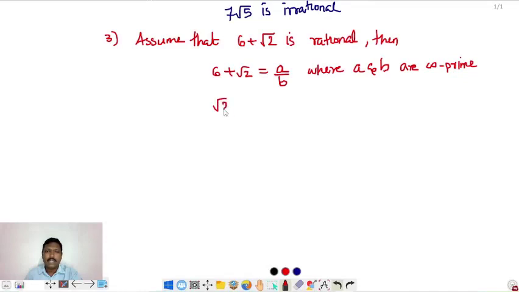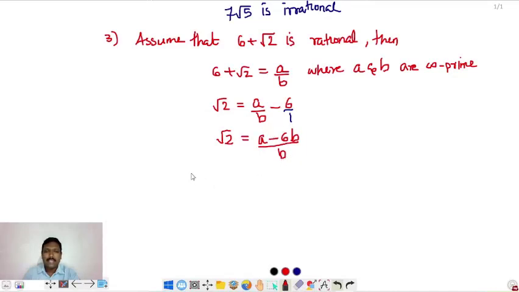Then you will get root 2 is equal to a divided by b minus 6. Now divide by 1, then cross multiplying you will get root 2 is equal to a minus 6b divided by b.